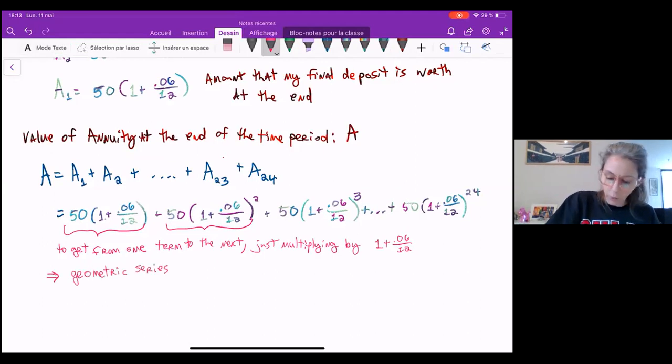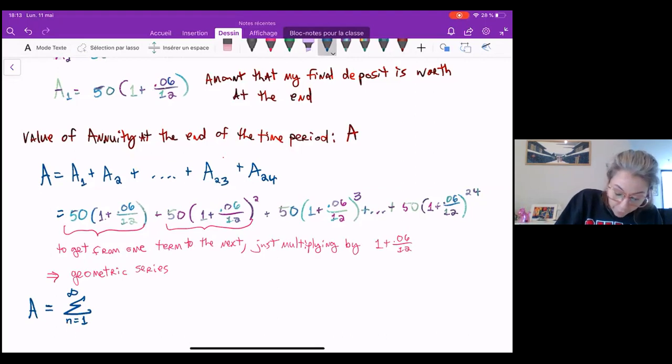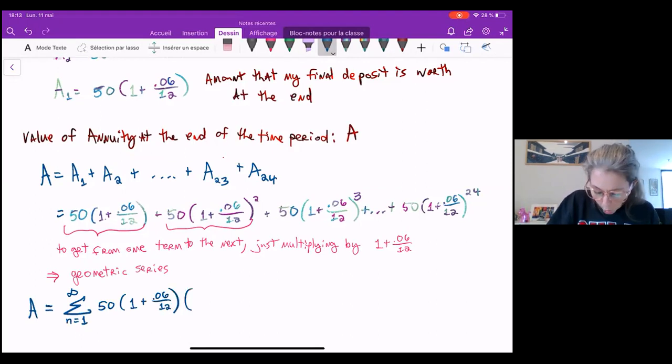And now that I know that this is a geometric series, I can write it using my sigma notation. So in other words, A is equal to the sum of n is equal to 1 to infinity. My first term, so that's 50 times 1 plus 0.06 over 12, times R, 1 plus 0.06 over 12 to the power of n minus 1.